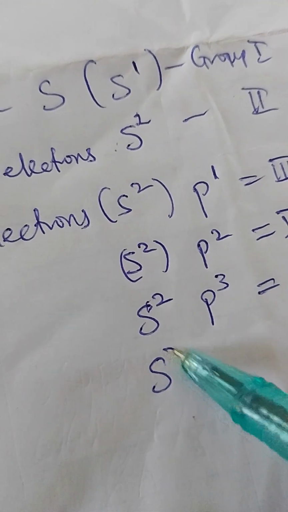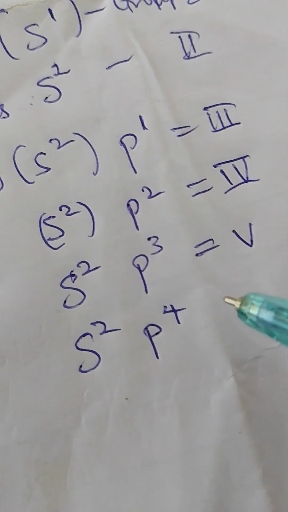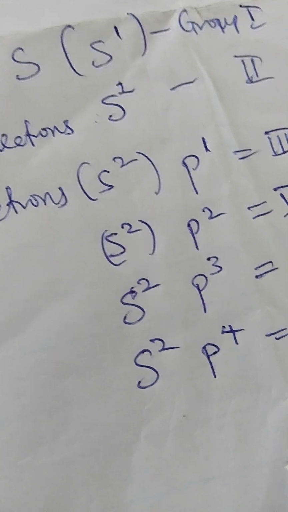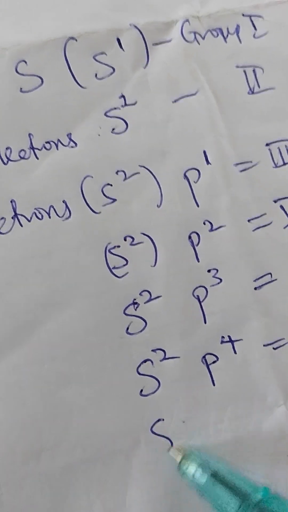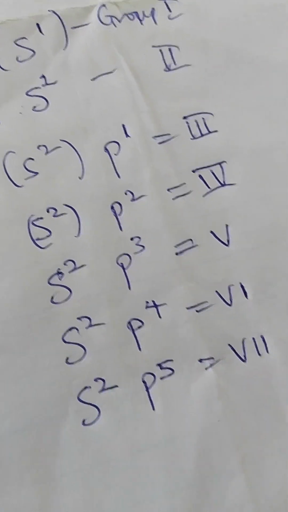Then if you have 2 electrons on the s orbital and 4 electrons on the p orbital, that is group 6. All right? Then if you have 2 electrons on the s orbital and 5 electrons on the p orbital, that is group 7. Mind you, you have up to group 8.